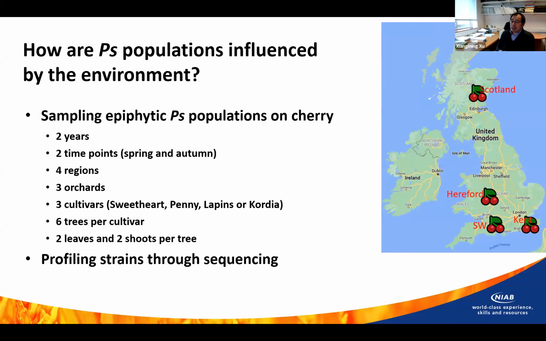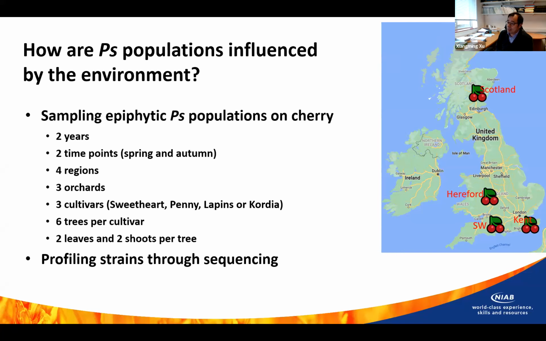So the first question we're asking is, is the PS influenced by environment? So we have 4 regions: Scotland, Hereford, Southwest, and Kent. In each region, we select several orchards and several woodlands, and also we have several cultivars, several trees in each cultivar, in each orchard.